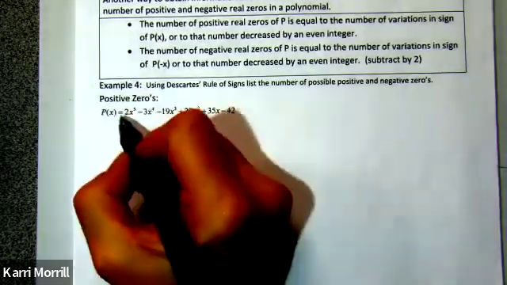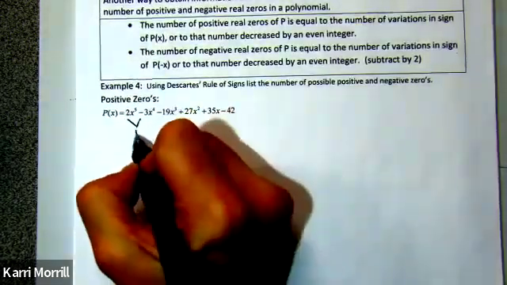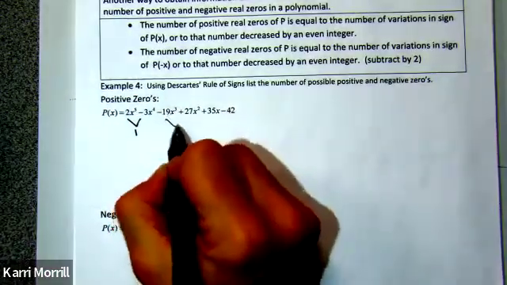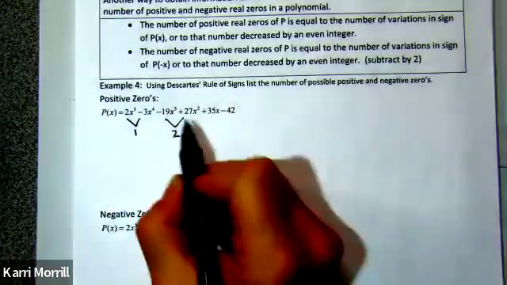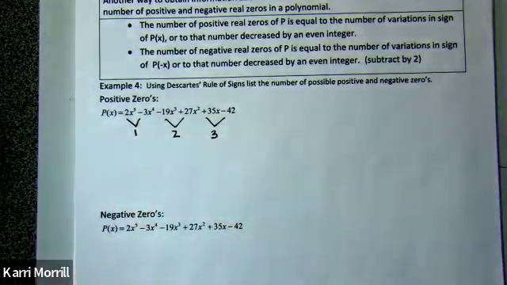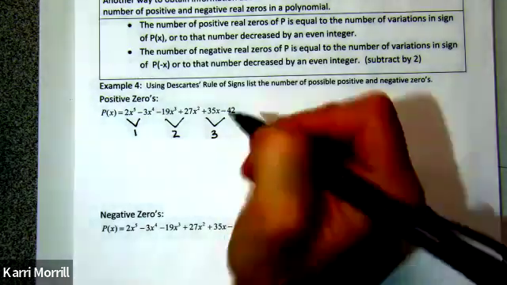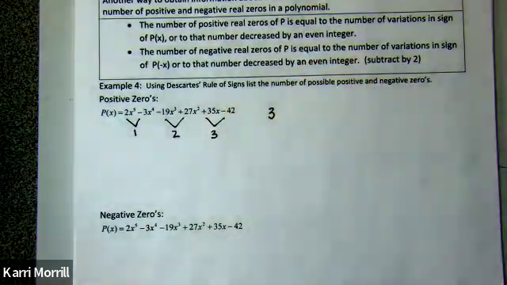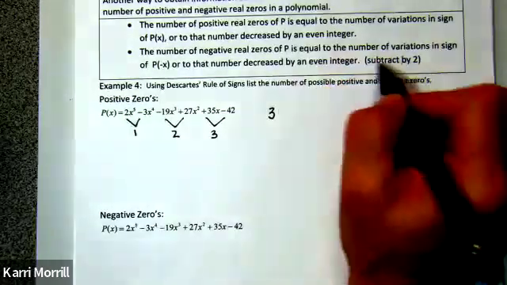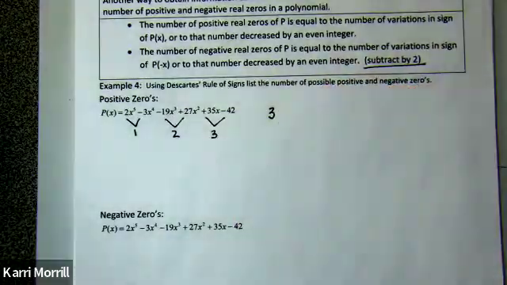Here, I see I'm going from positive to negative, so that is one sign change, but negative to negative isn't. Negative to positive is a second sign change. Positive to negative is a third sign change. So there are 3 sign changes. And since we can subtract 2 from that, an even integer, you're going to always at least try that.